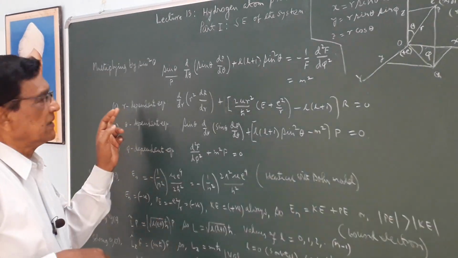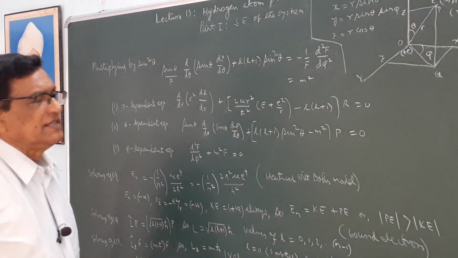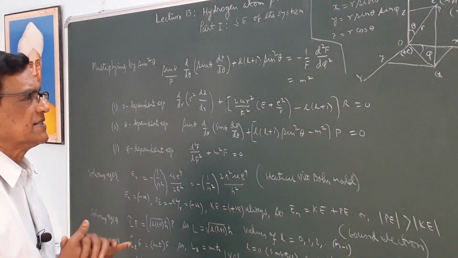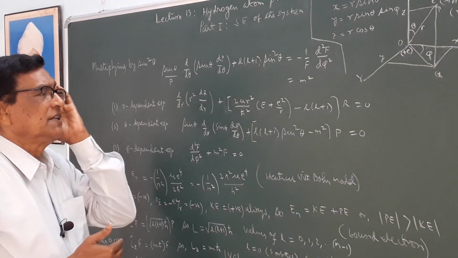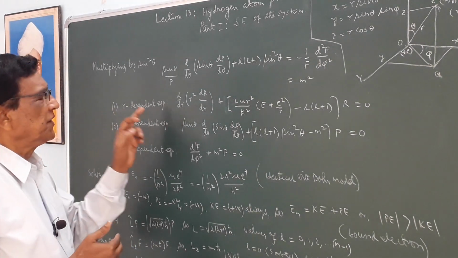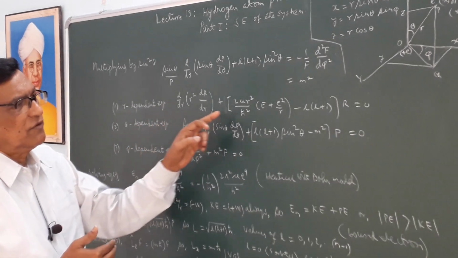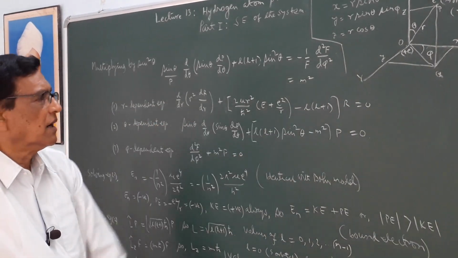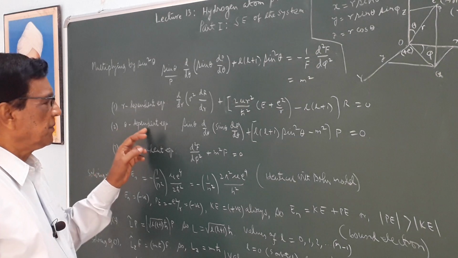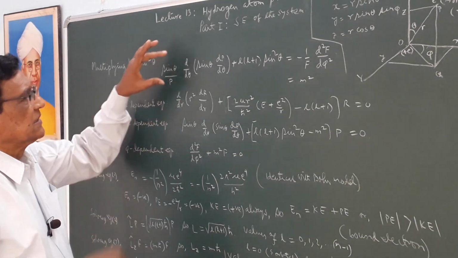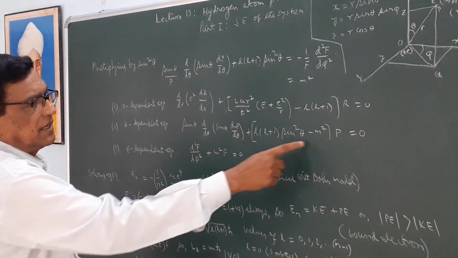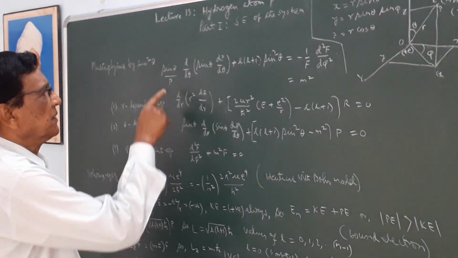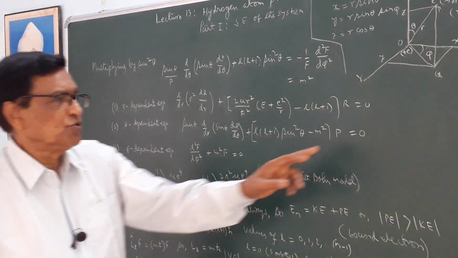So now I can summarize these three equations separating this Schrödinger equation in polar coordinates. The r dependent equation is this one, which I have already written earlier, and the theta dependent equation is this one, with minus m square into P equal to 0.